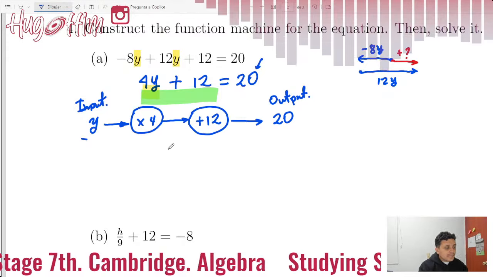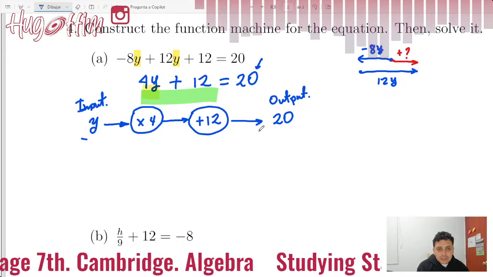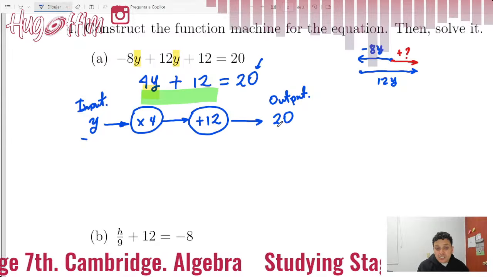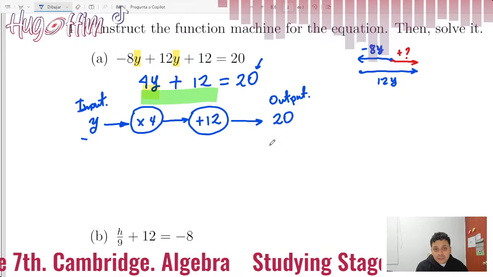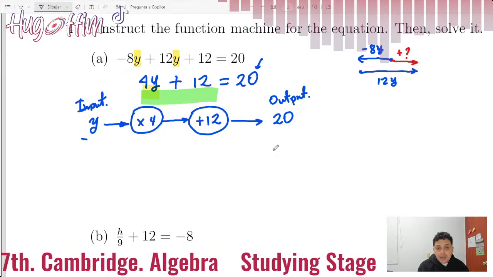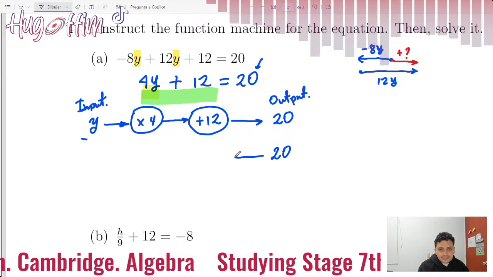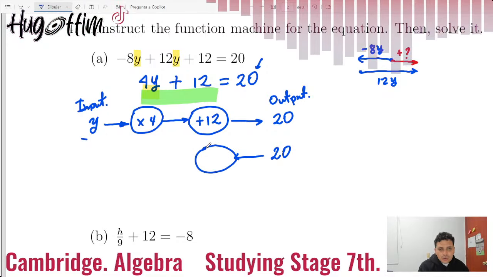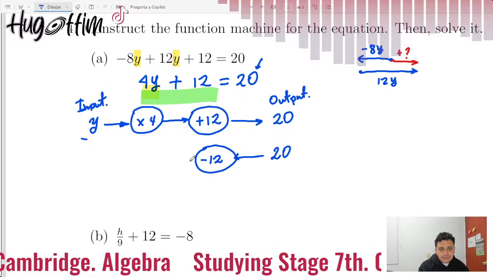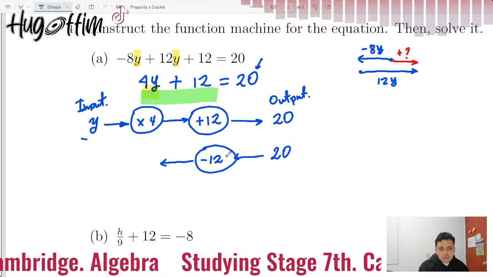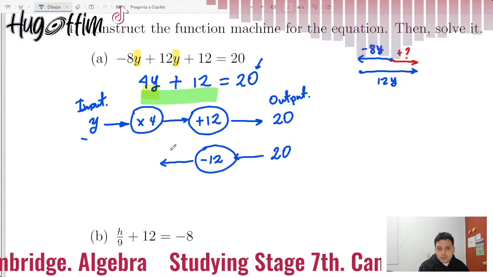Okay? Now, to solve the equation using function machines, what I just need to do is to apply inverse operations. So I'm going from the output to the input, applying inverse operations. So I take 20 and subtract 12. 20 subtracted 12 is going to be 8.